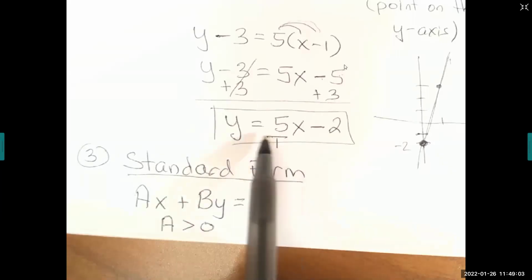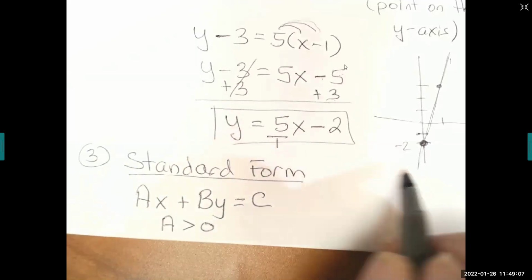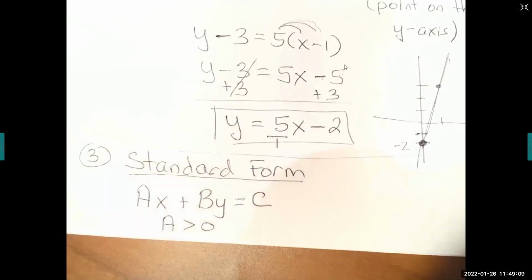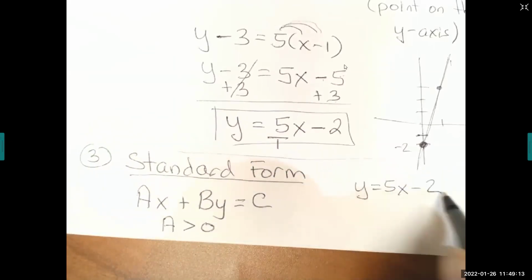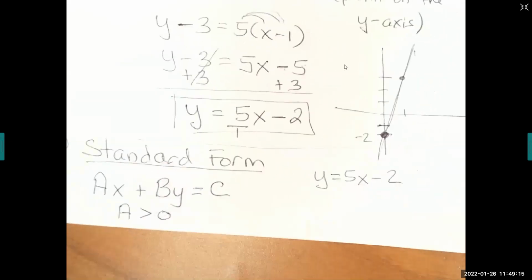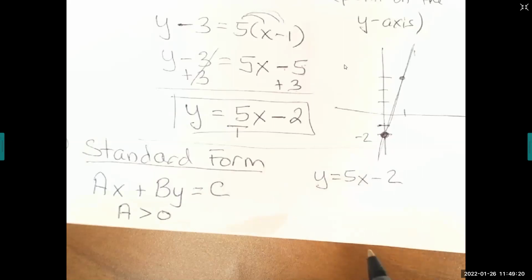So let's begin with our slope-intercept form. We have y equals 5x minus 2. Put it in standard form. So we have to get x and y on one side. How do we do that? I got to move the 5x, don't I?